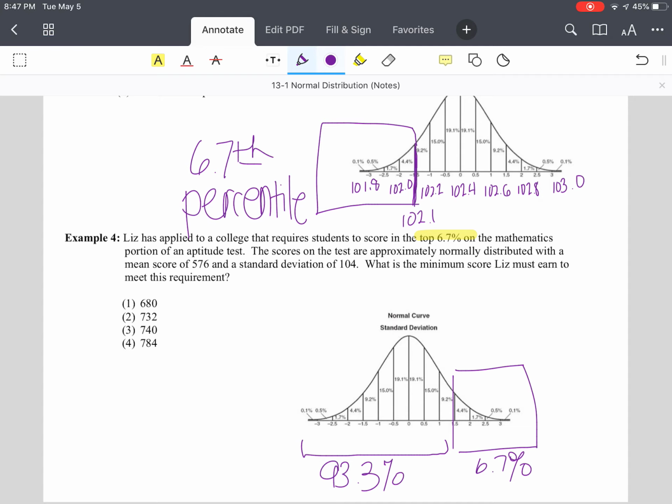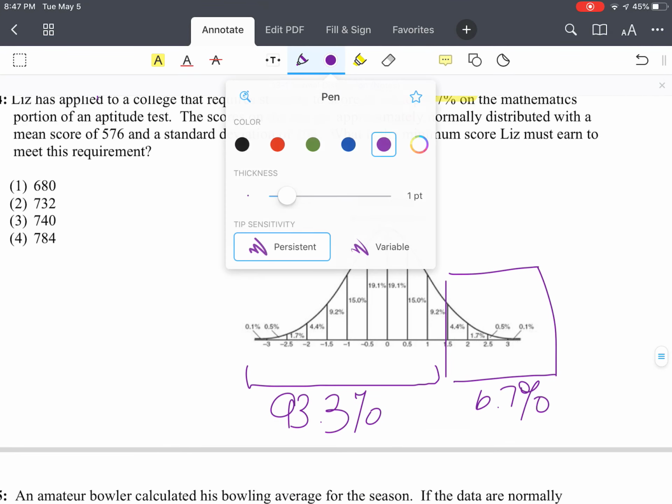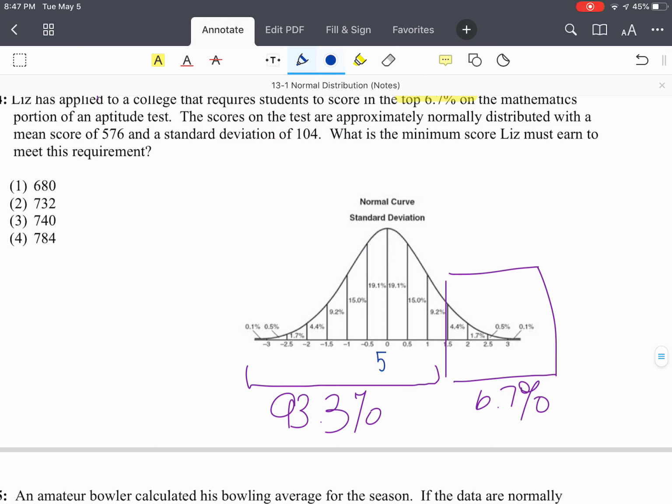So let's fill in what we've got. The mean score is 576. That's going to go right at the 0. And then let's add 104 to that, because that's the standard deviation. So that's 680. That brings us to the 1. I need to go to the 1.5.